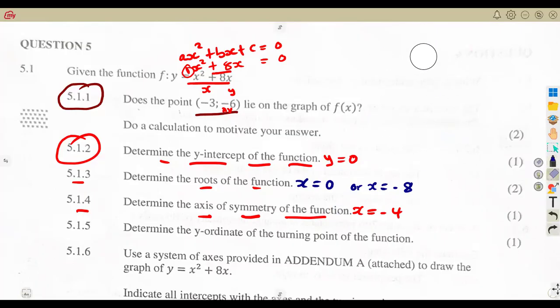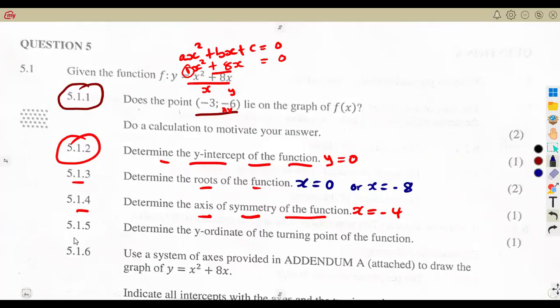That is for the axis of symmetry. Remember, at the axis of symmetry is where our graph has its turning point. The value of x there corresponds to the turning point. So where x is -4, that's where we have our turning point.